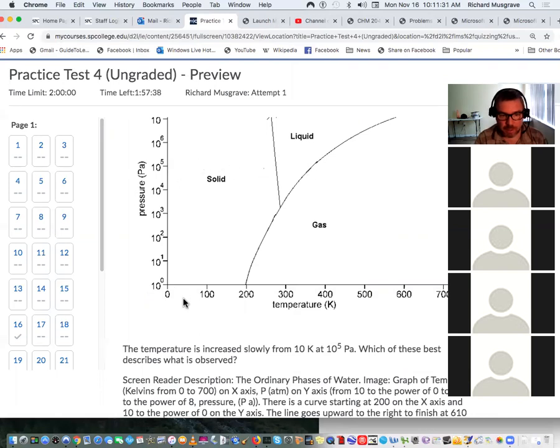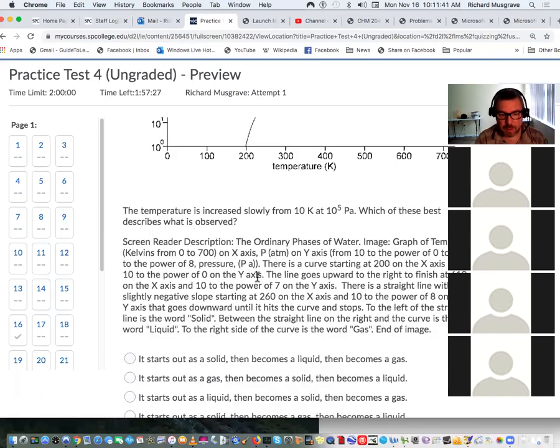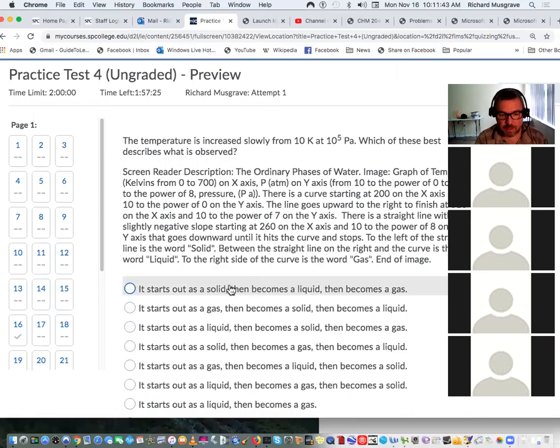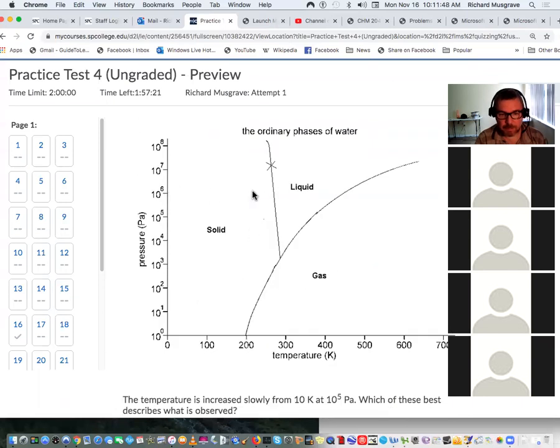All right, so we're starting at 10 K at 10 to the 5th pascals, and we're going to increase the temperature. So we start as solid, we go through liquid, and then it goes to gas. That would be the answer. Starts out as a solid, becomes a liquid, then becomes a gas. So that'd be that first answer there. Does anybody have any questions? Make sure you understand that.